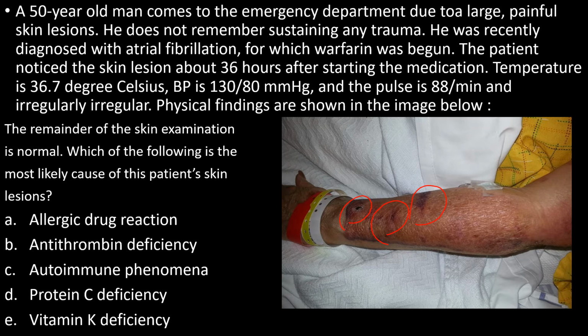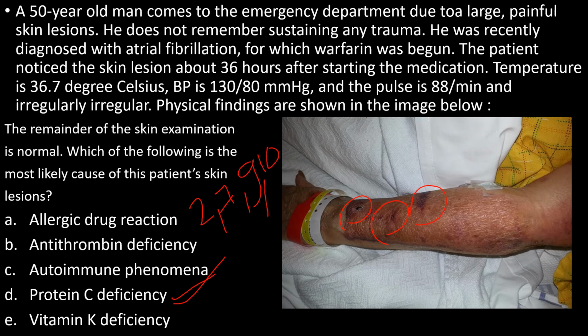This is a rare complication that can occur in individuals with underlying protein C or protein S deficiency shortly after starting warfarin. Protein C and S are innate anticoagulants that are vitamin K dependent, as are coagulation factors 2, 7, 9 and 10.